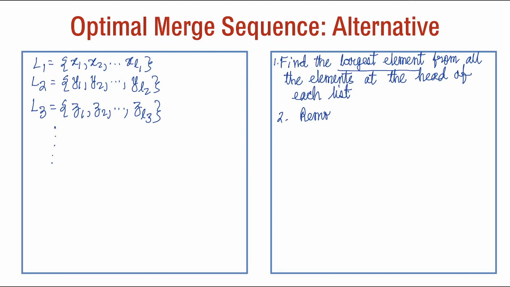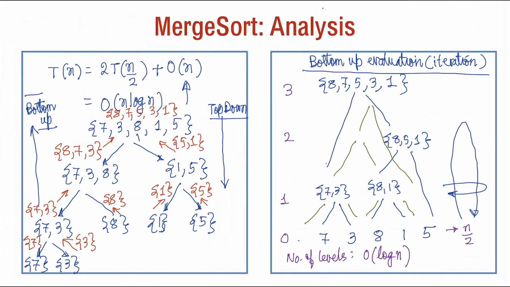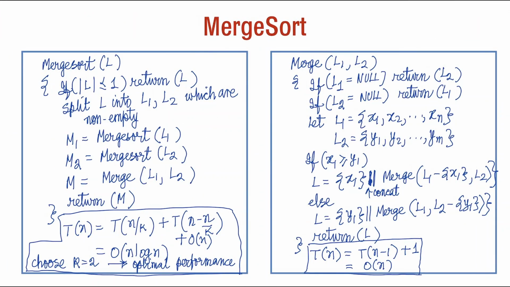Remove it and put it in the result. Recurse. These three steps are just a generalization of the merge routine that we used here.